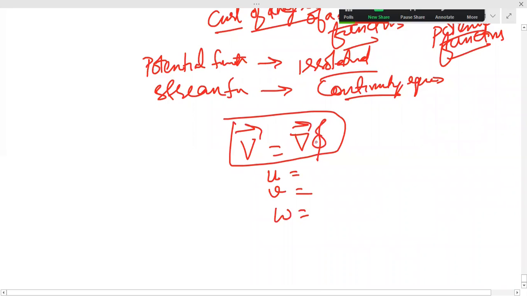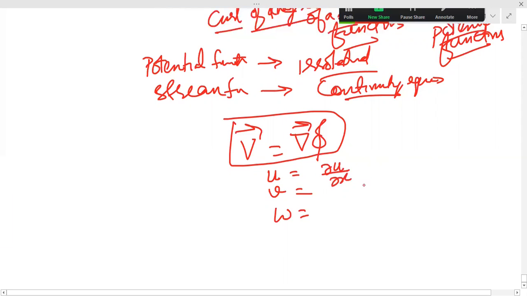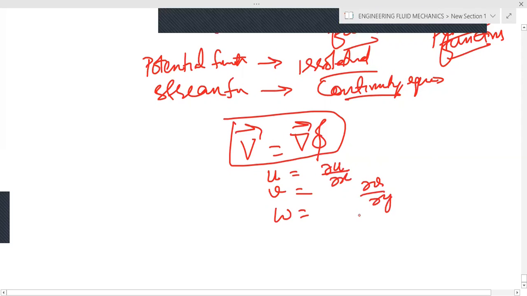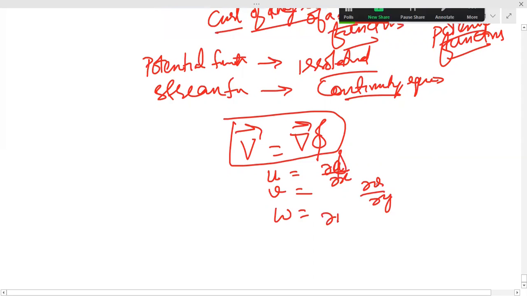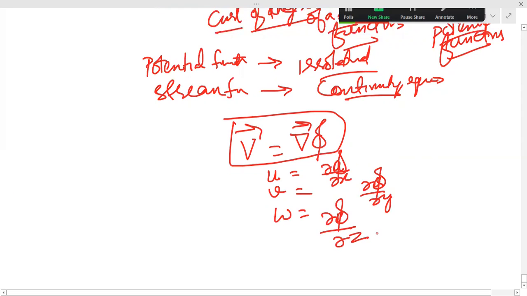They are the gradient in the same format: curly phi by curly X, curly phi by curly Y, and curly phi by curly Z. Is that clear?